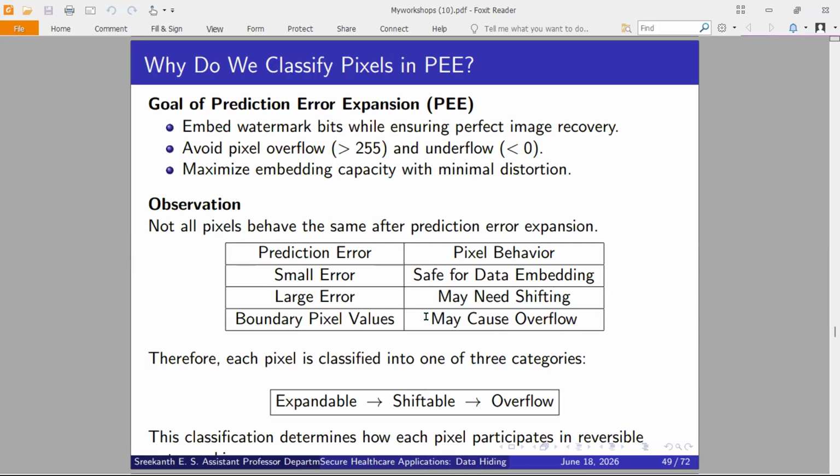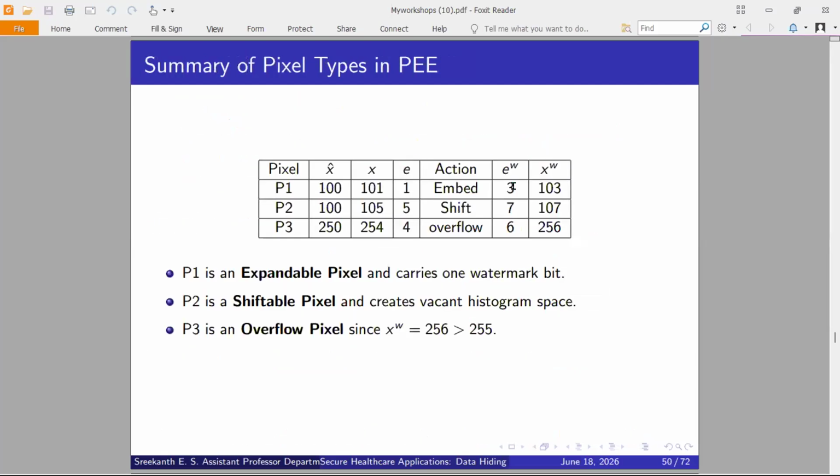For now, understand that we are embedding the pixels using prediction expansion. Take P1, that is 100 and 101. We can easily embed because there is not much error. On expansion the difference will be only 3, and that will become 103. Note that for finding the watermarked value XW, we are adding to X cap, which is our prediction, the watermark value.